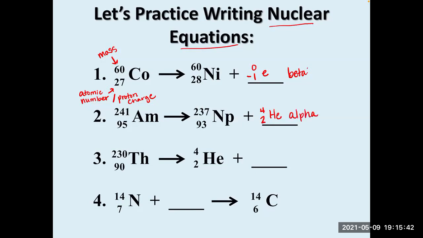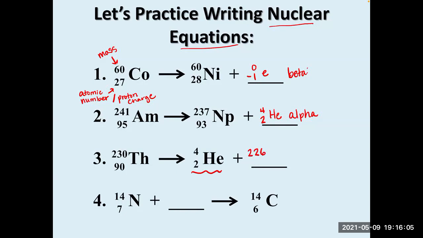So the next one, we're actually going to need a periodic table for, because if you notice, they give us a particle here, but we need to know what's going to go in that blank. So 230 is what I need. I have 4, so 230 minus 4 gives me 226. Now the 226 is not going to tell me what I need. It's going to be the other number.